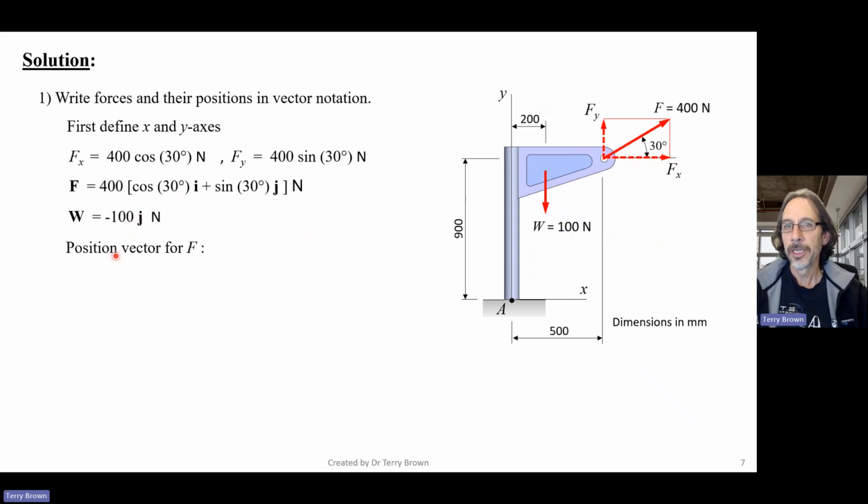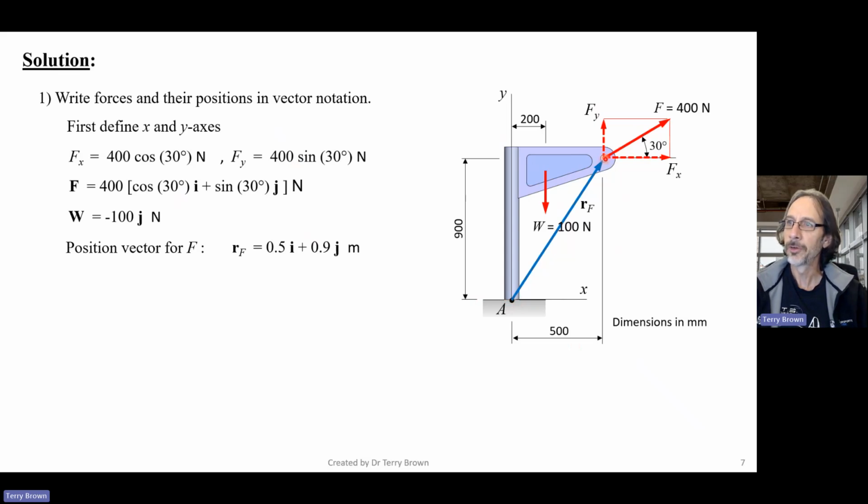Let's now work out the position vector for F. The easiest thing to do here is to say the position vector from A to the point of application of the force. Let's draw it in first. That's what we're looking for, and it starts at 0, 0. So writing the position vector is easy in this case.